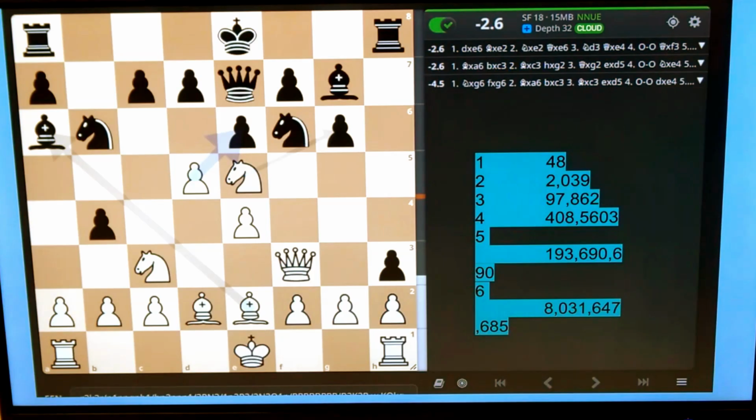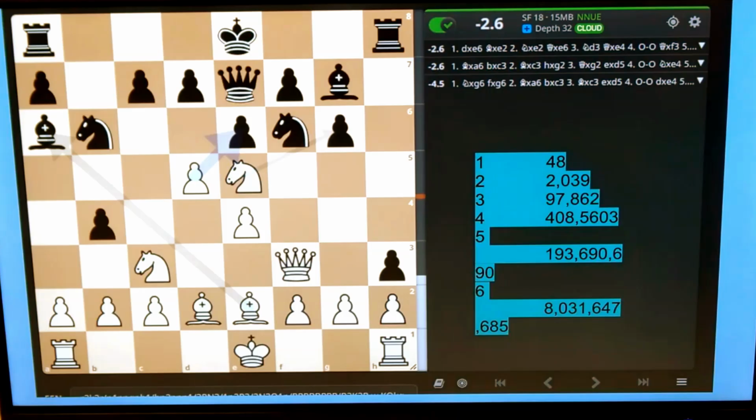Here we have an undefended bishop, which is looking pretty sweet. I'm just trying to think why that isn't the top move. A chess player looking at this would obviously be looking at that very tasty bishop that's been left there as a gift.